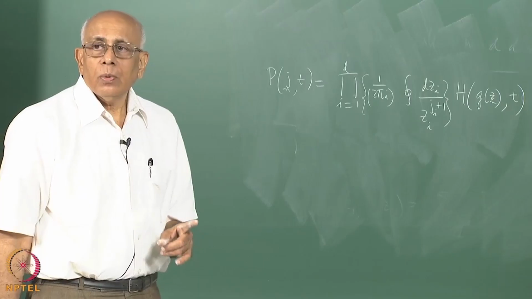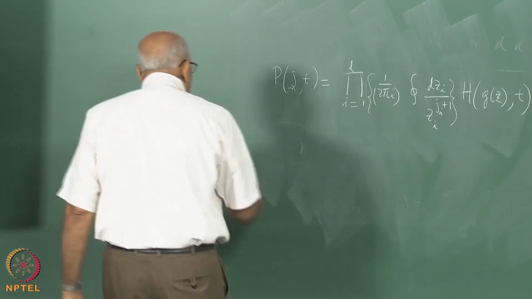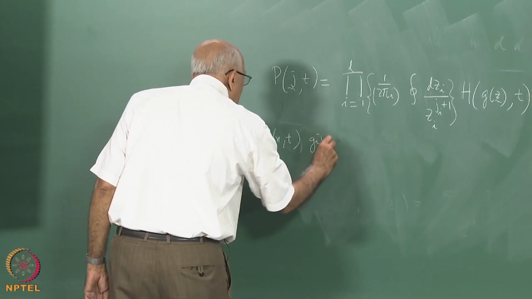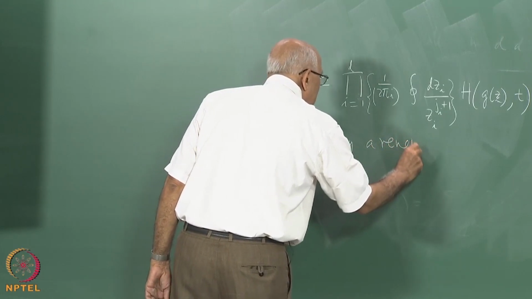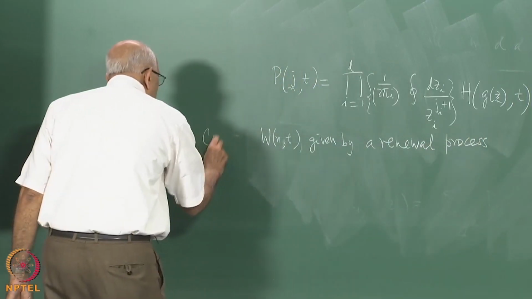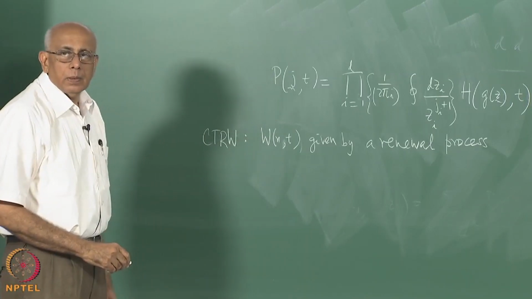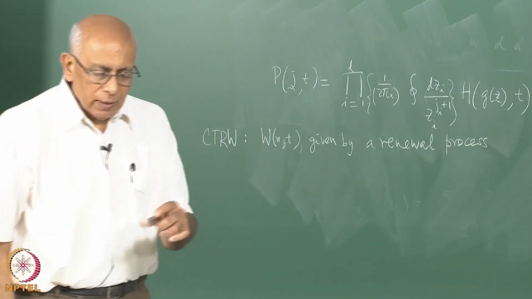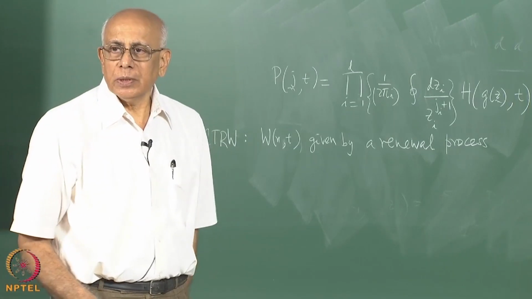In particular, I want to say something about w of n comma t, and I want to say that it is given by a renewal process. That is what a continuous time random walk is. In other words, there is a certain function, a waiting time density, which tells you the density in time for the random interval between two jumps.